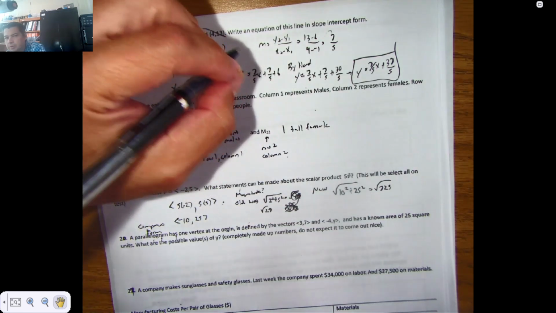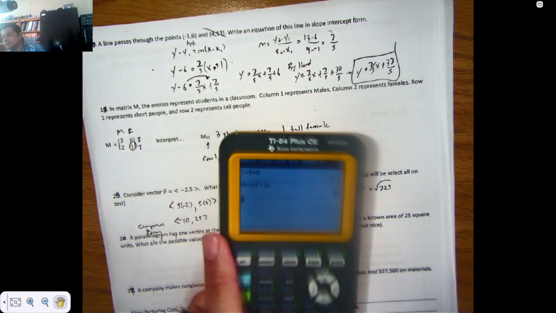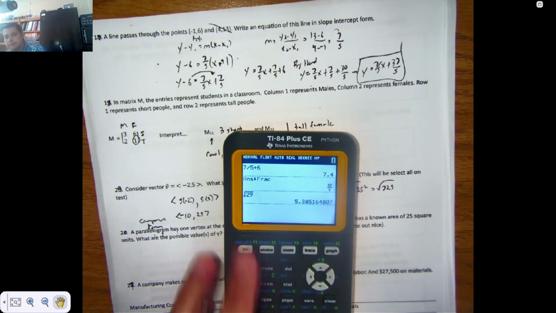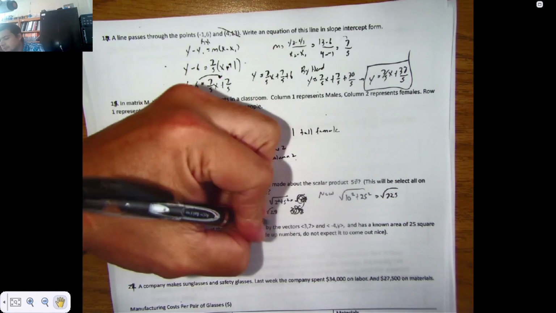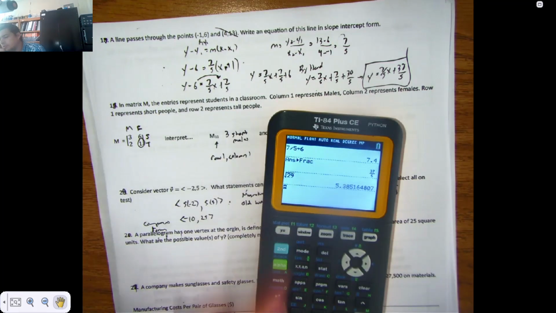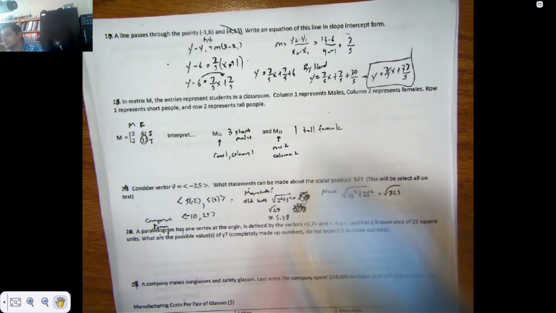Now you probably have no idea what the relationship between those two numbers is. But here's root 29. It's about 5.39. And root 725 is about 26.93.